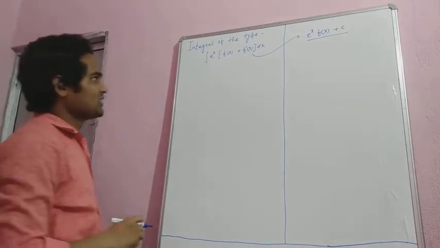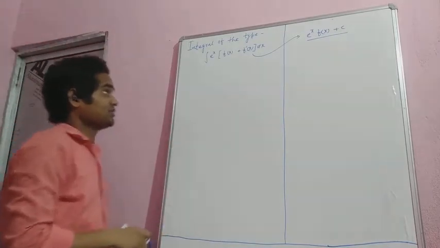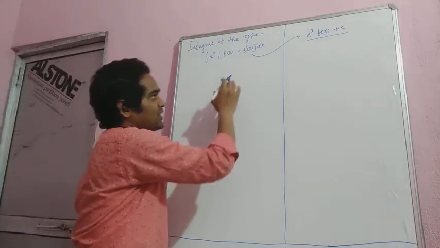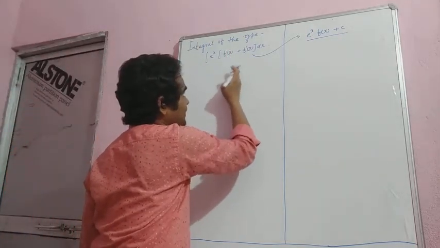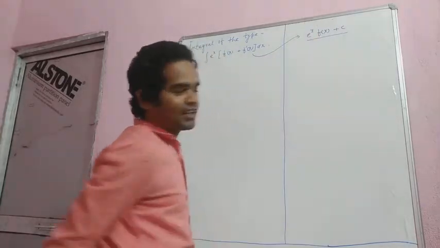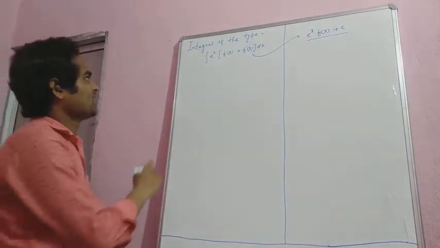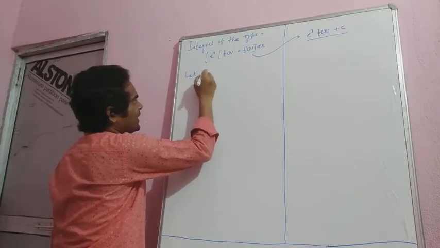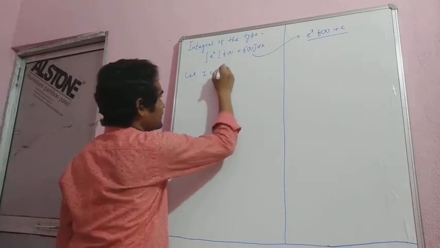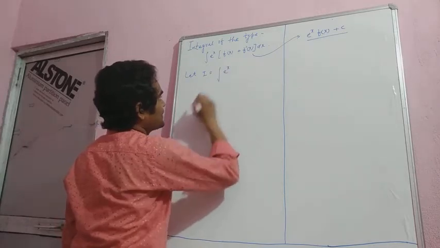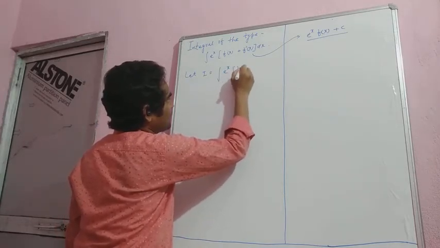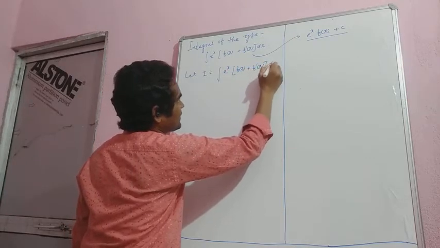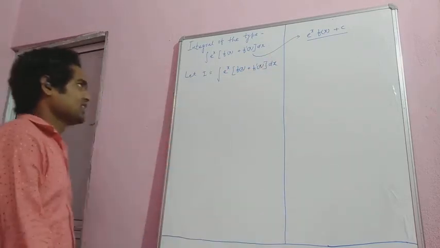This is the integral of this type. So here, students, now let's see the derivation to reach this integral from this form. Let I be equal to the integral of e to the power x into f(x) plus f'(x) dx.